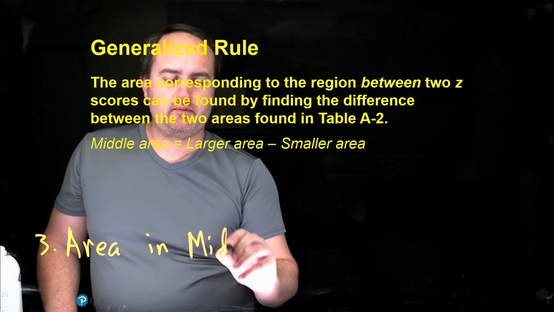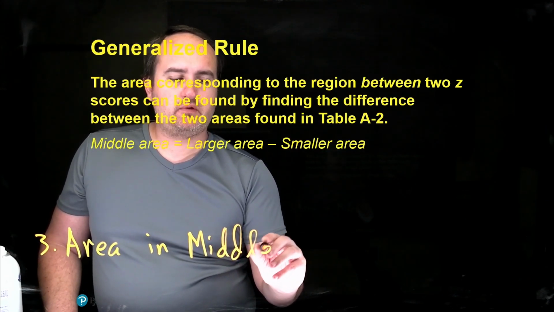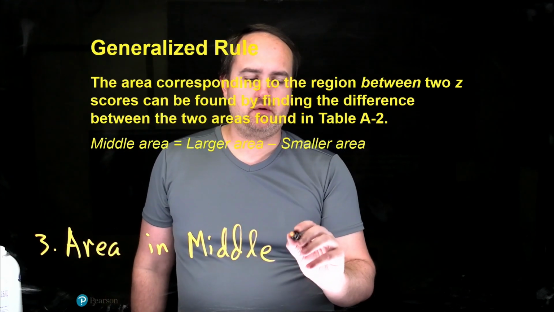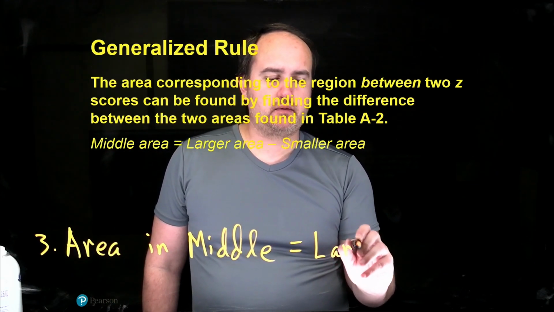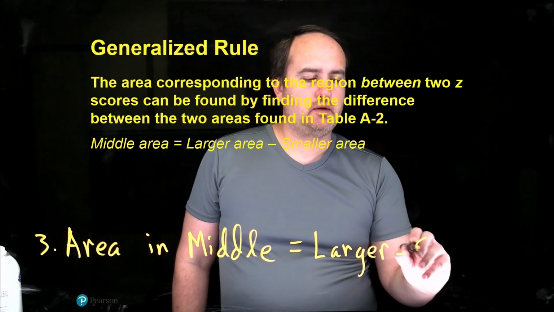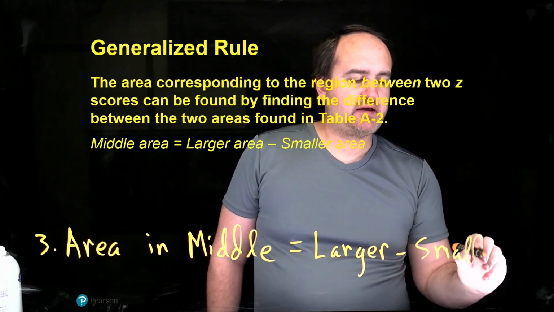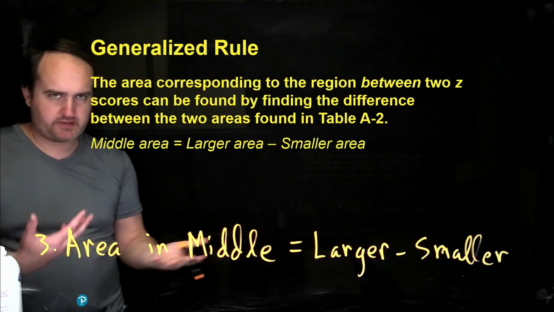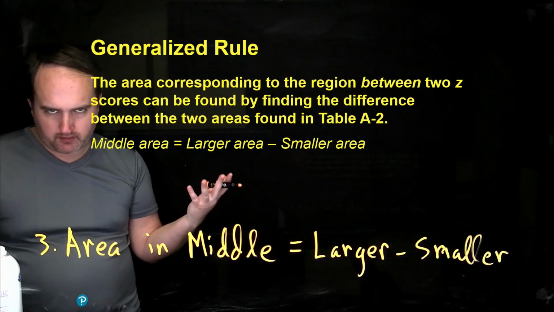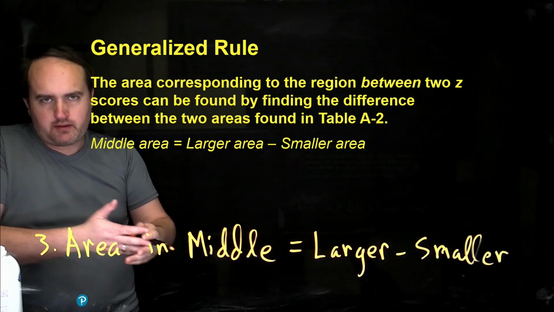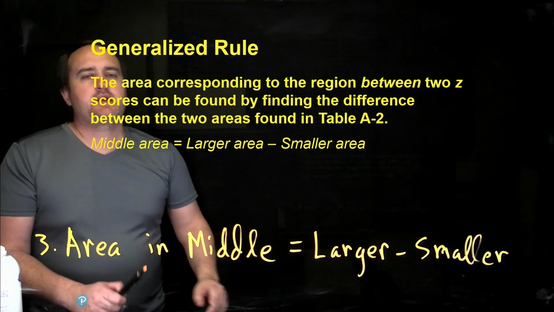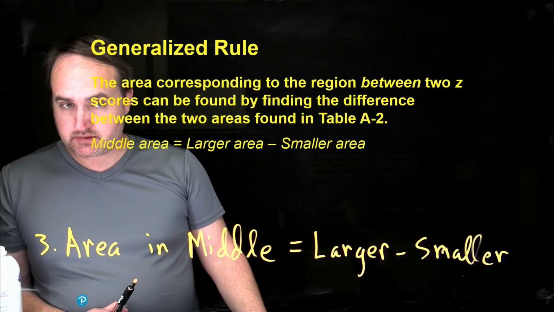And you look up each z-score in the table, and then the formula is area in the middle is the larger area minus the smaller area. And the nice thing about that formula is you can just look up the two areas, and then whichever one is the larger number is the larger area, and whichever is the smaller area is what you're subtracting. Okay, so let's see an example of this.